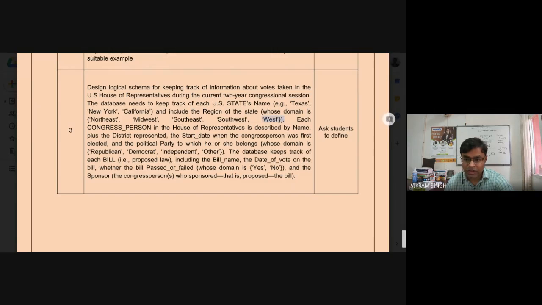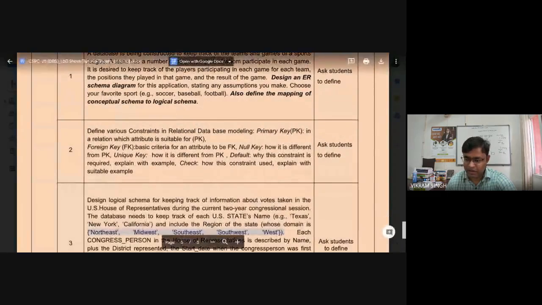So this is something where you can have the check constraint, right? Whenever we are defining an attribute like region name, for that region name attribute you can define this check: only these 4 values will be accepted, right? So for that purpose, these values are given. I think we are done with each and every question. We have gone through this tutorial sheet. If you have additional questions, you can share.